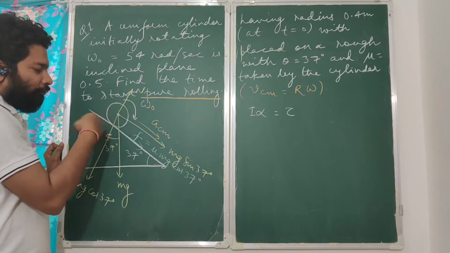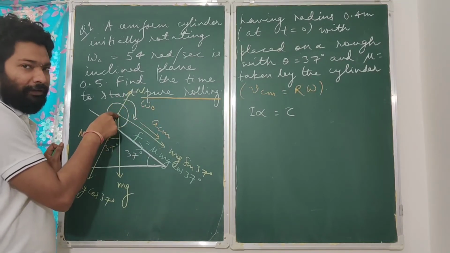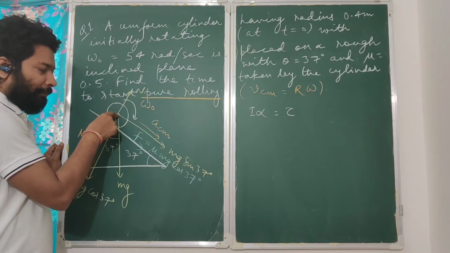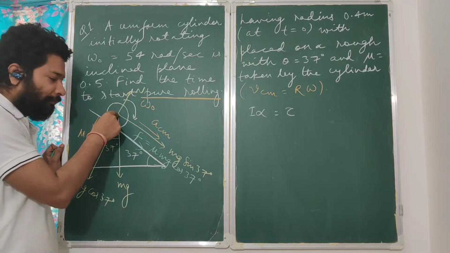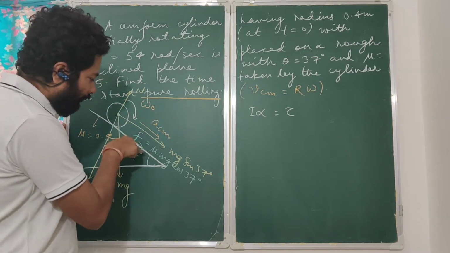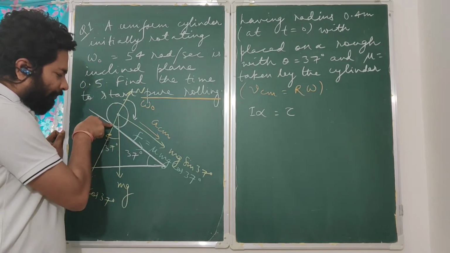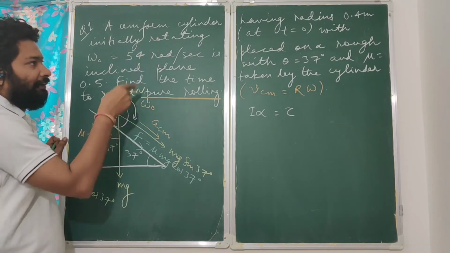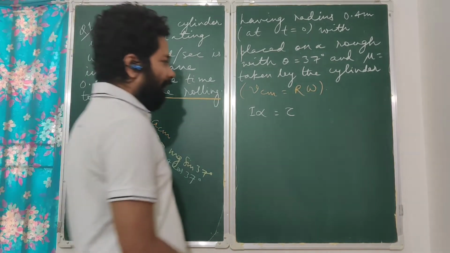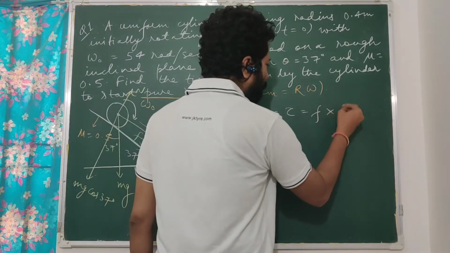So these two forces won't create any torque about the center of mass, because the perpendicular distance of the line of action of the force from the axis of rotation becomes 0. Now let us talk about the frictional force. It will create a torque of F into the radius r, so frictional force into r.